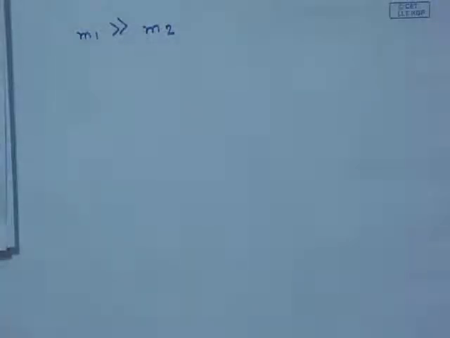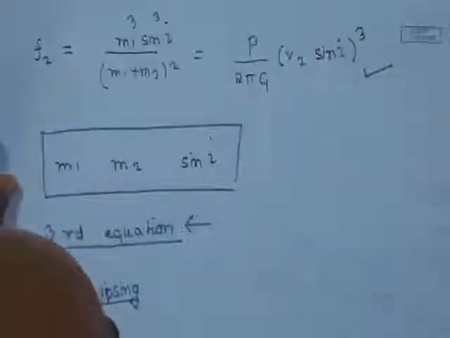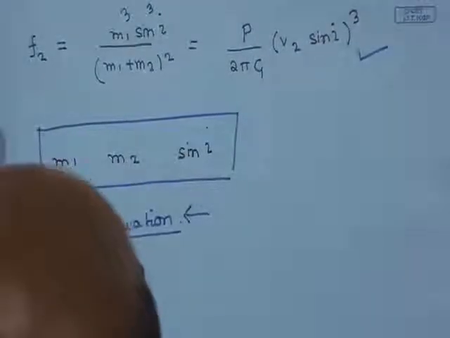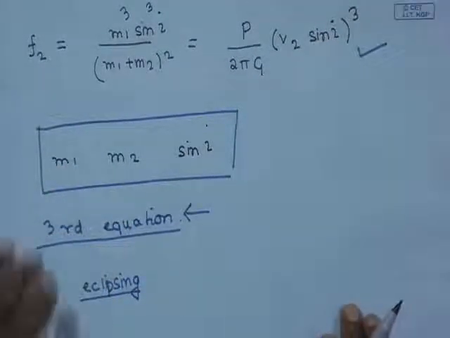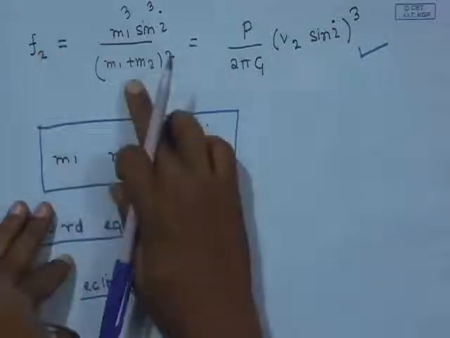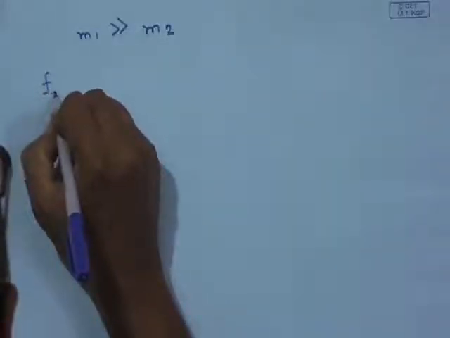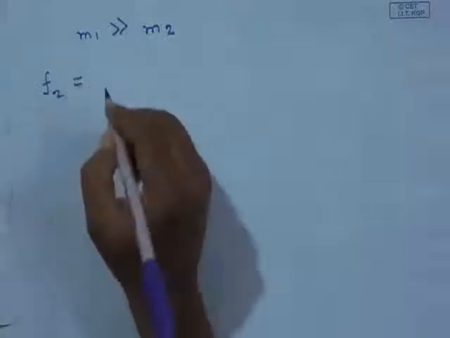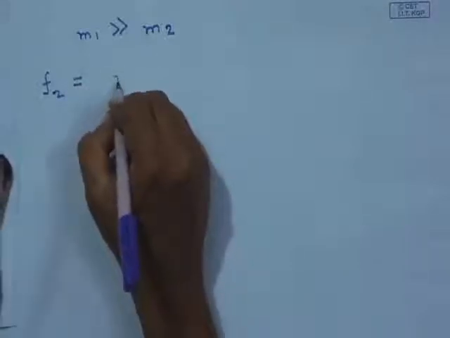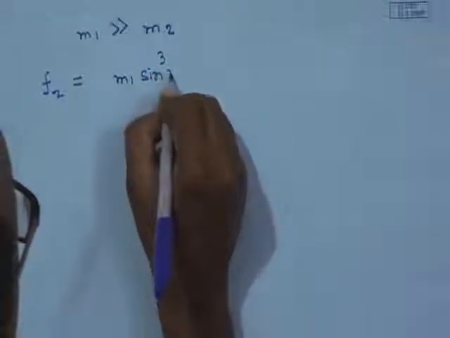Then m2 can be dropped from this equation, and what this gives me is that f2 is equal to m1 sin I cube.